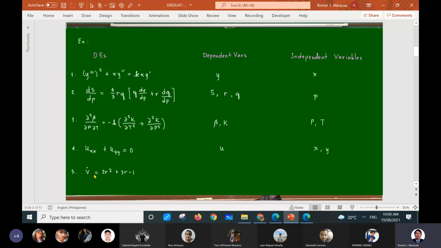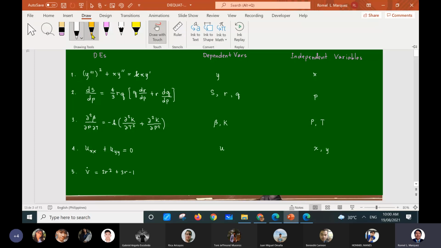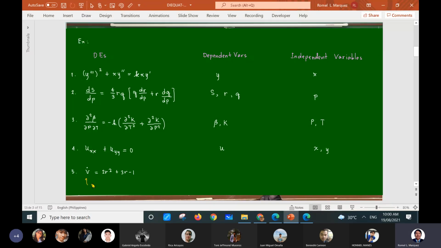This is in fly-spec notation. The reason why it is fly-spec: spec means a very tiny thing that gets into your eye, no? Spec. Okay? So fly-spec, fly because it's hanging above a letter.